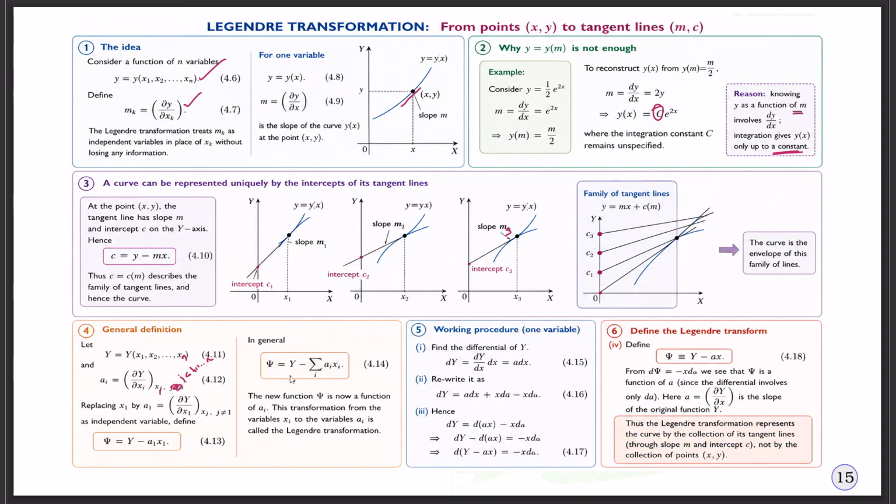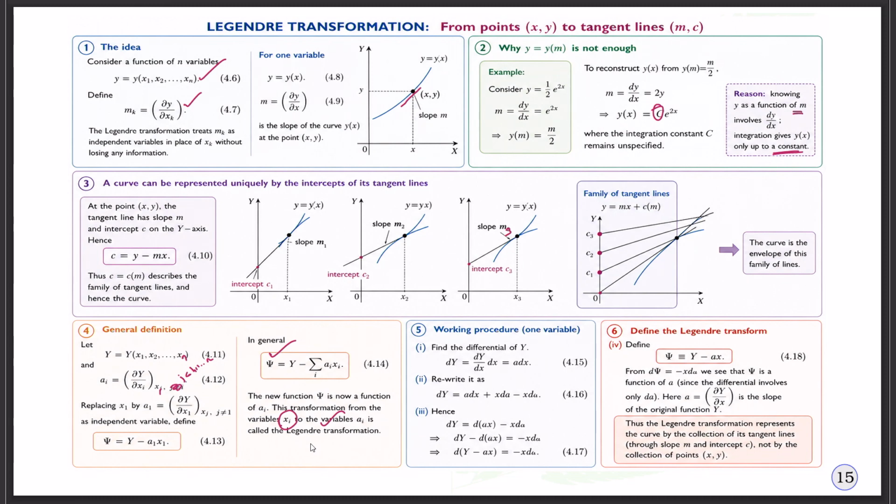In general, phi equal to y minus the sum of ai xi. The new function phi is now a function of ai. This transformation from the variables xi to the variables ai, where we write y in terms of ai instead of xi, we call the Legendre transformation.